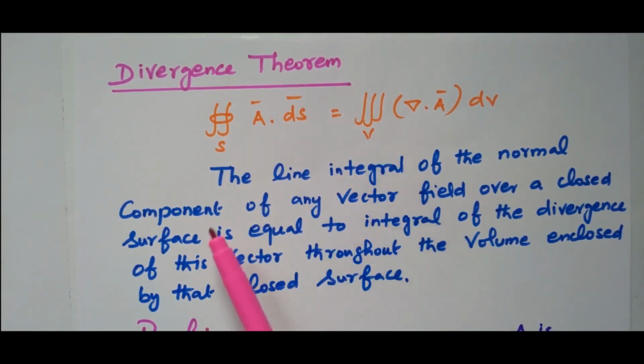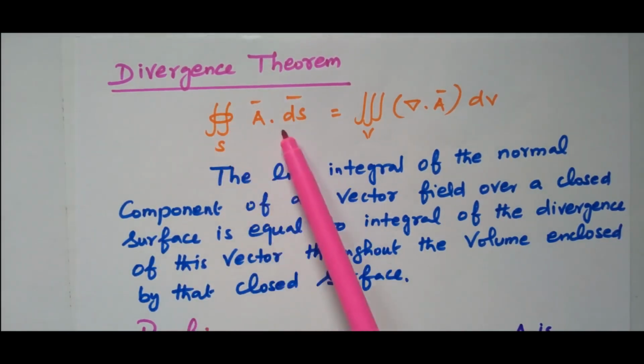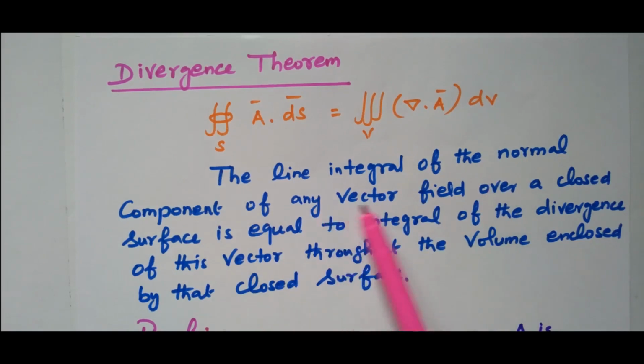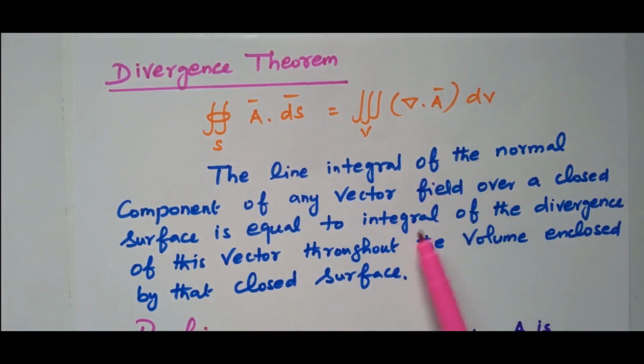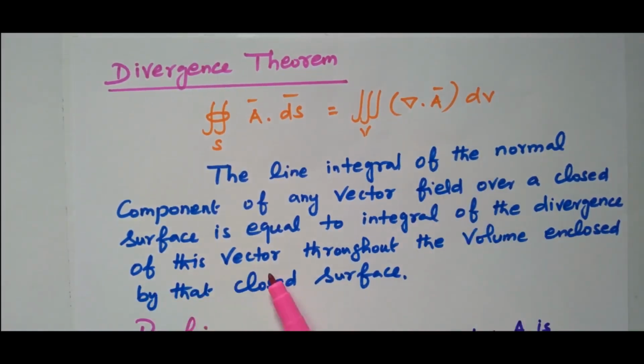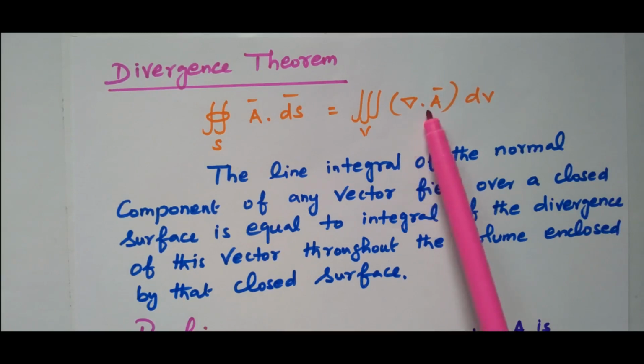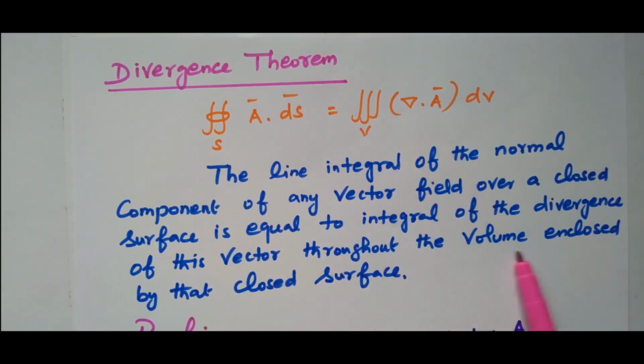What is the definition given? The surface integral of the normal component of any vector field over a closed surface is equal to the integral of the divergence of this vector throughout the volume enclosed by that closed surface.